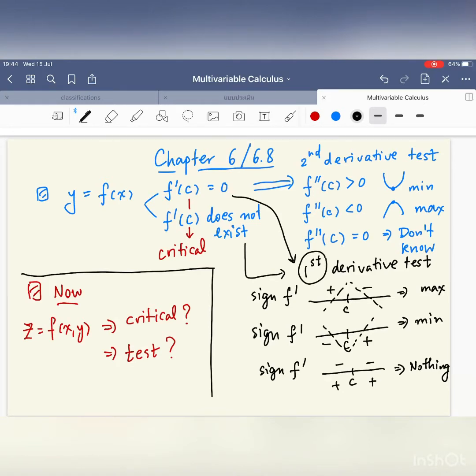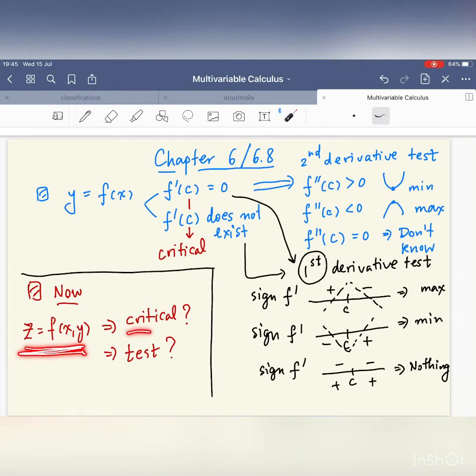However, in terms of several variable calculus, the one that we are going to consider, we are going to be given a function of two variables first. So this is going to emphasize a two variable function z equals f of x and y.